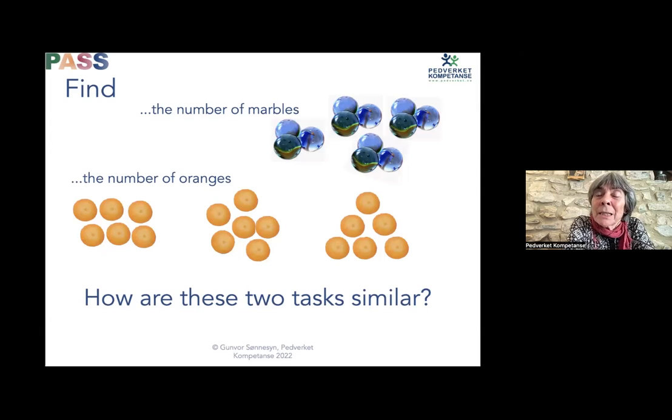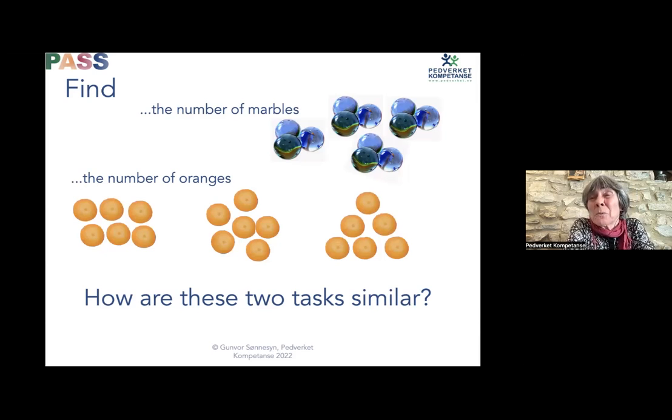Marbles are in groups that are similar in numbers, so we can find the number by multiplying. The oranges are in groups also equal in numbers, so we can also use multiplication to find the number of oranges.